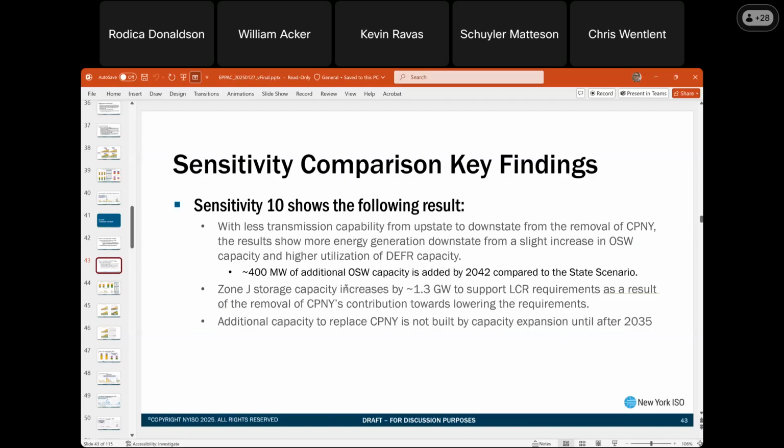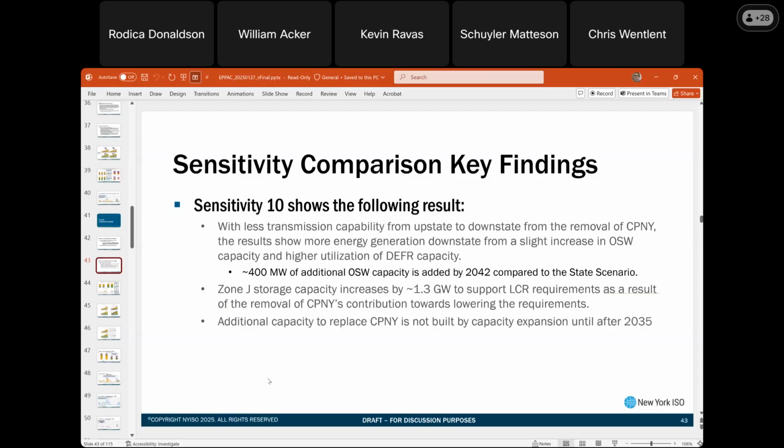The model is building about 400 megawatts more offshore wind capacity by 2042 when we compare back to the state scenario. And also Zone J storage capacity is increasing by 1.3 gigawatts, and that's to support LCR requirements as a result of the removal of CleanPath's contribution to the requirement.